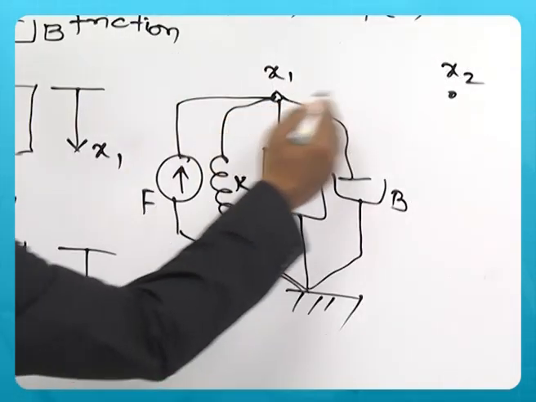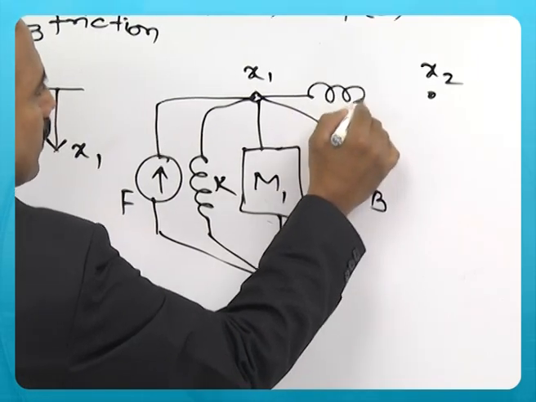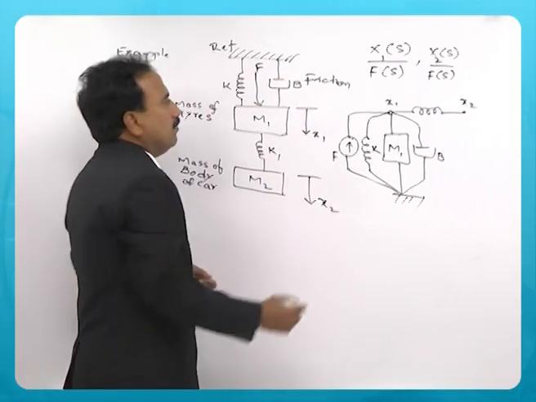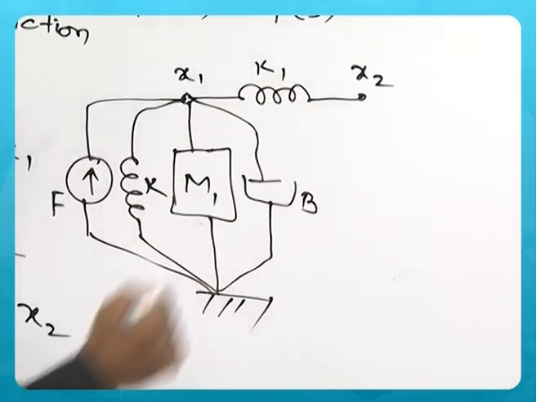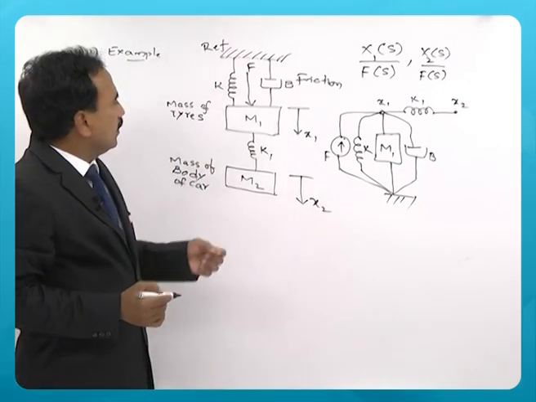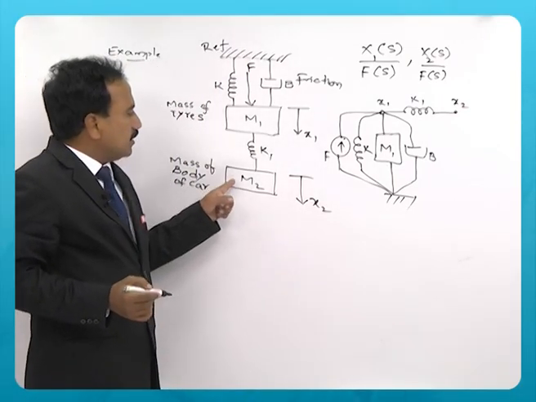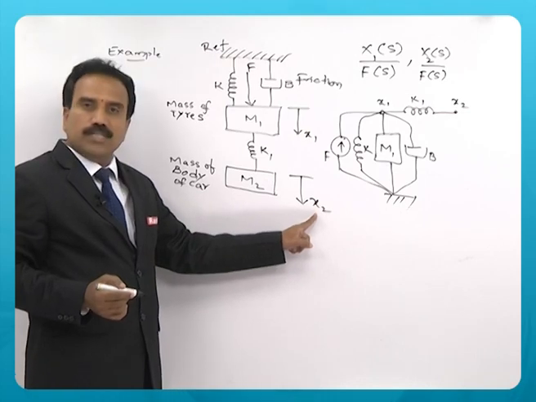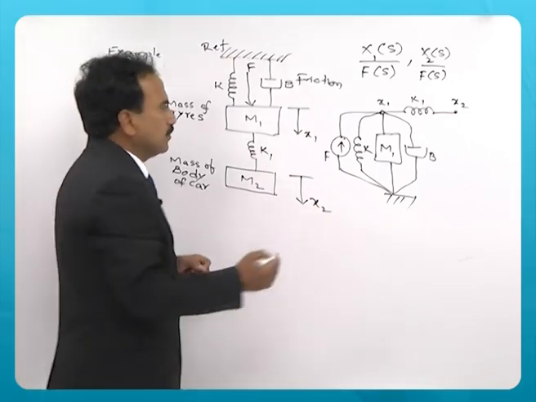So, there is x1 and x2 here. Let me connect K1 between x1 and x2. Now, there is a mass m2, and its associated displacement is x2.